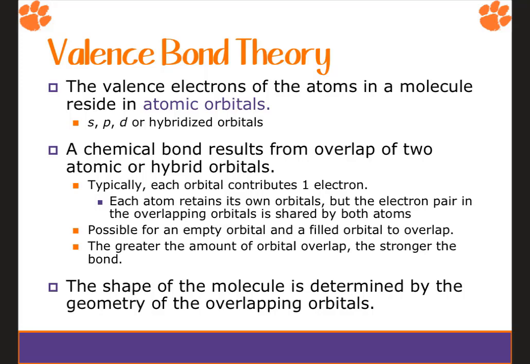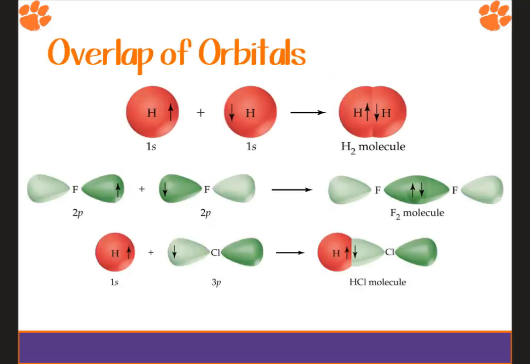There is a possibility for an empty orbital and a filled orbital overlap, but the main thing to remember is that the greater the orbital overlap, the stronger the bond, which kind of makes sense. The shape of the molecule is determined by the geometry of the overlapping orbitals. So this is where we're going to tie together this bonding theory and the shapes that we just learned.